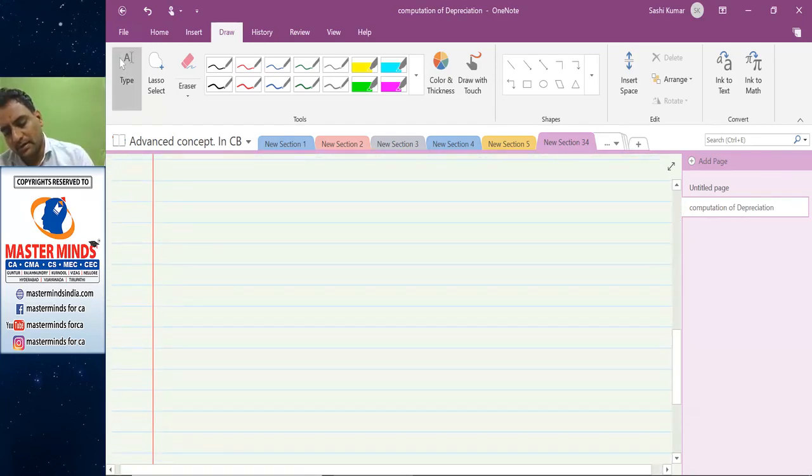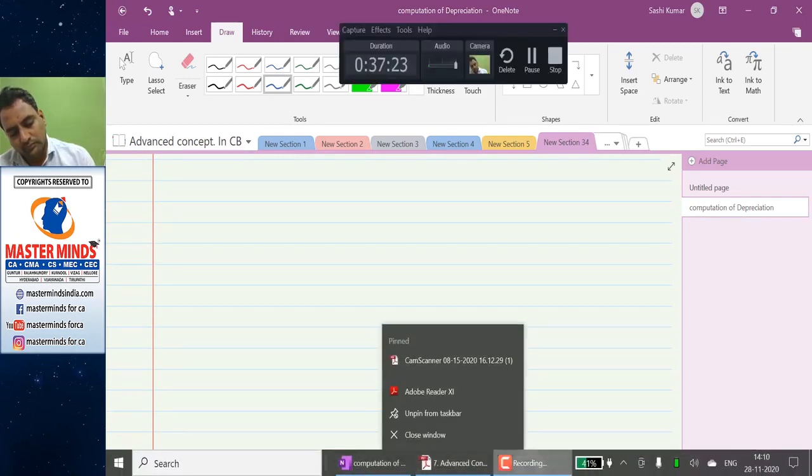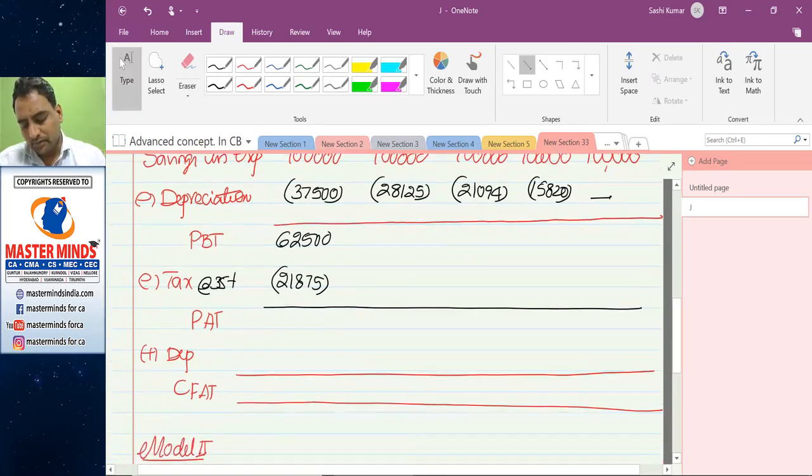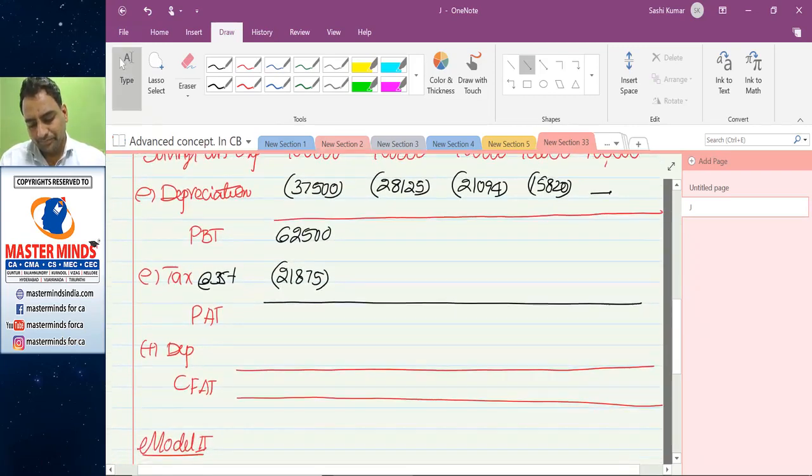So depreciation calculation is here. We took the wrong depreciation rate. The depreciation calculation is correct, but the asset cost was wrongly taken as 1 lakh instead of 1,50,000. So I have recomputed the depreciation amounts accordingly. The correct values have been placed. Now I am finding the CFAT of model 1.